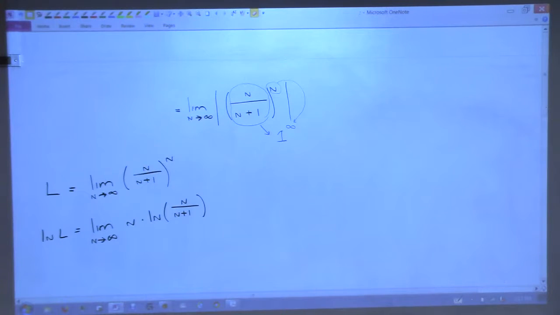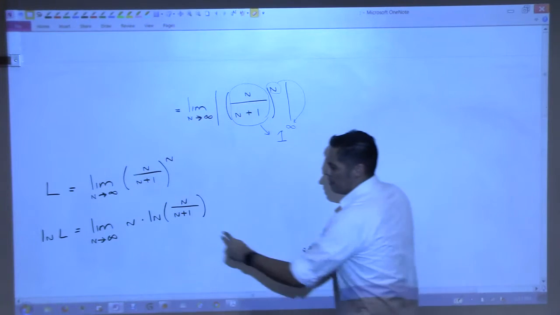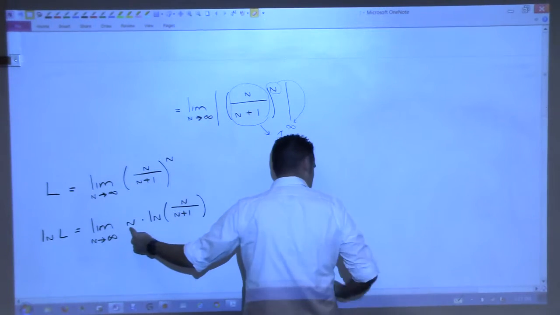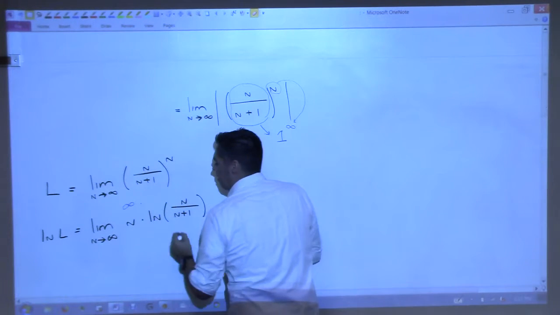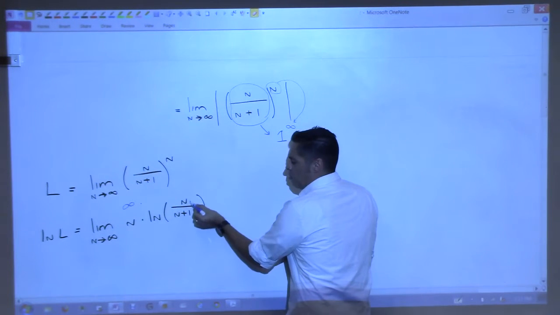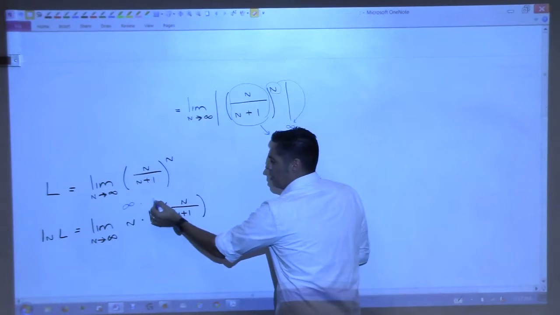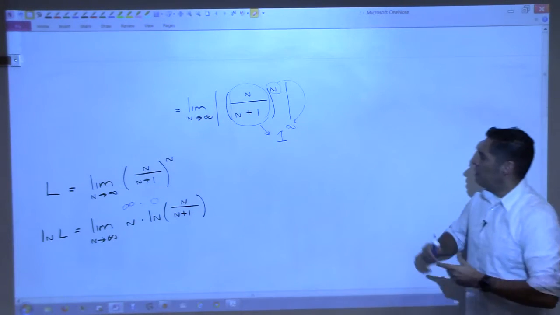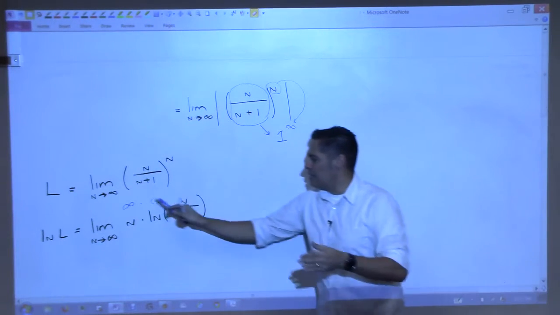Okay, now, let's just take a look real quick what happens if we let n go to infinity. This right here will go where? Infinity times, now, we already know that this is headed to what? 1, natural log of 1 is headed towards 0. So what we've done is we've transformed something that looks like 1 to the infinity into something that looks like infinity times 0.